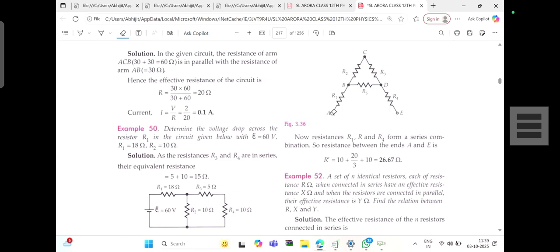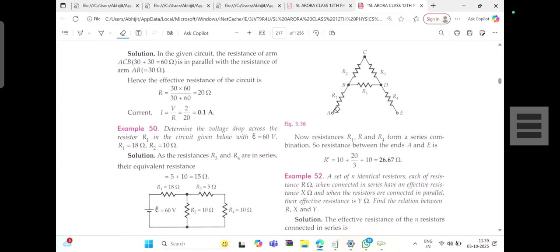If current I flows here, that is a branch, a nodal point, called a junction. Here I1 flows in this direction and I2 flows in this part. So I1 plus I2 is the current I going back to the negative terminal of the battery.